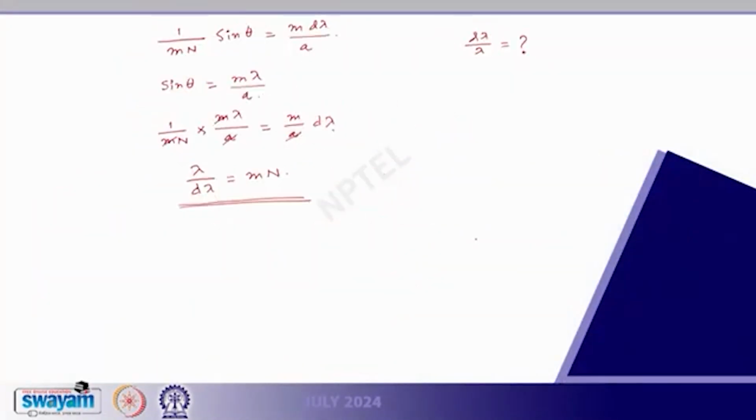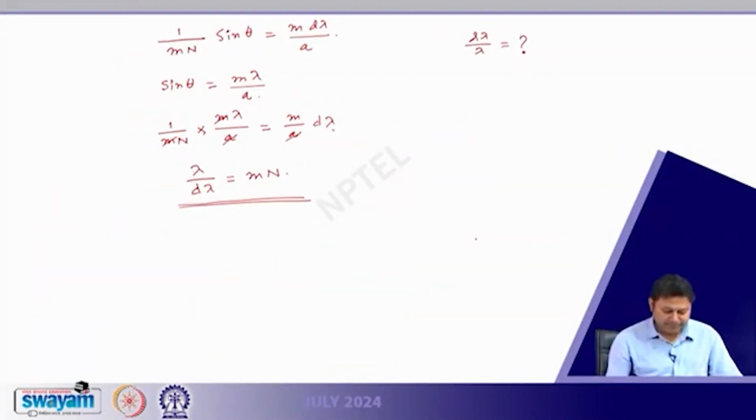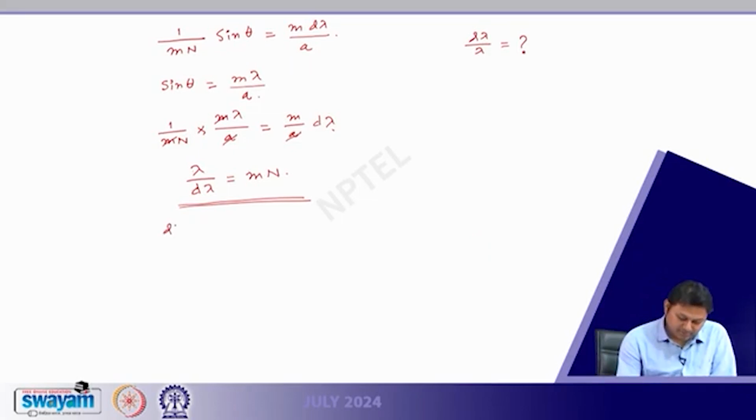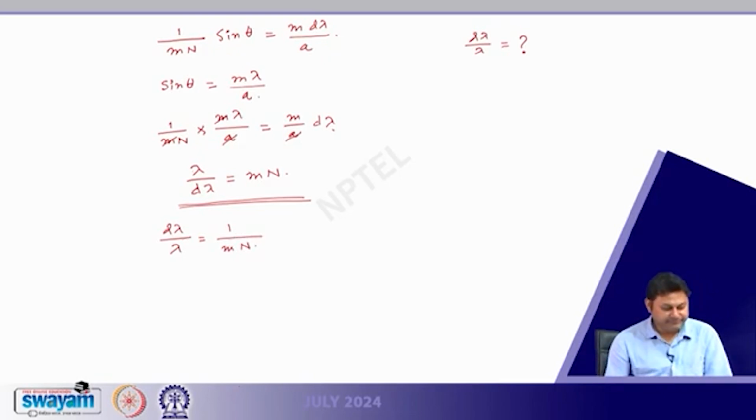From this expression we can see that this quantity d lambda by lambda is 1 by m n. So, if n is very high, if this is the grating number or the number of rulings, the number of slits, if it is very large, then we have d lambda by lambda very small.